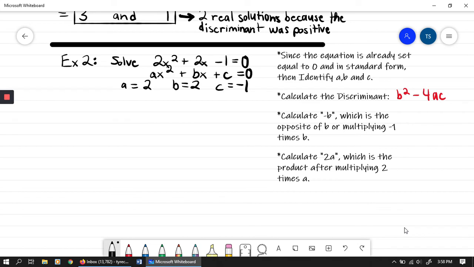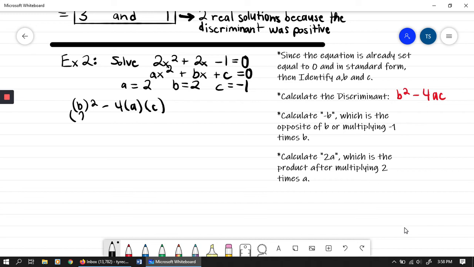The discriminant is b squared minus 4ac, and again, I've tried to show you the right way to do this so that your calculation comes out correct.